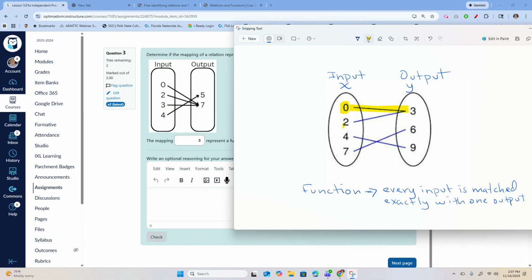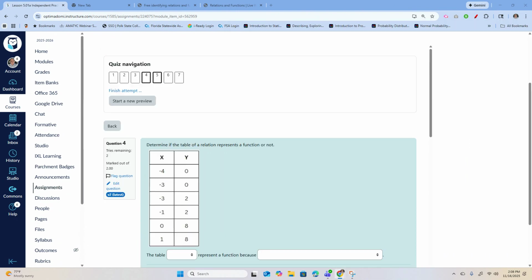The 2 is matched also with the 3. The 4 is matched with the 9. The 7 is matched with the 6. You can see that every number in the input has exactly one line coming out from it. When only one line is coming out from each number in the input, we say it is a function. So this problem will be a function. Again, I'm doing similar ones. Let's go to the next one.